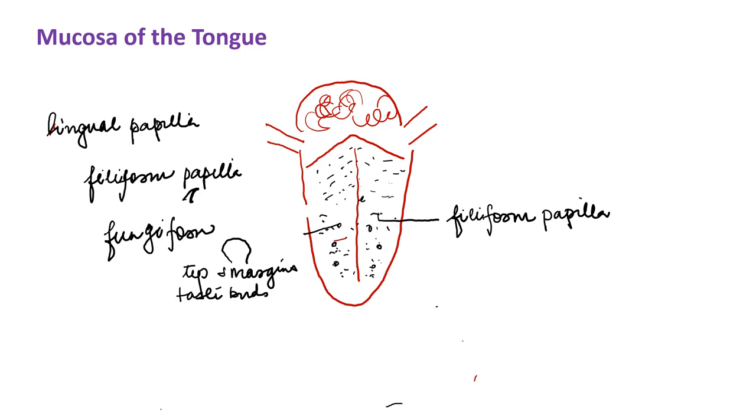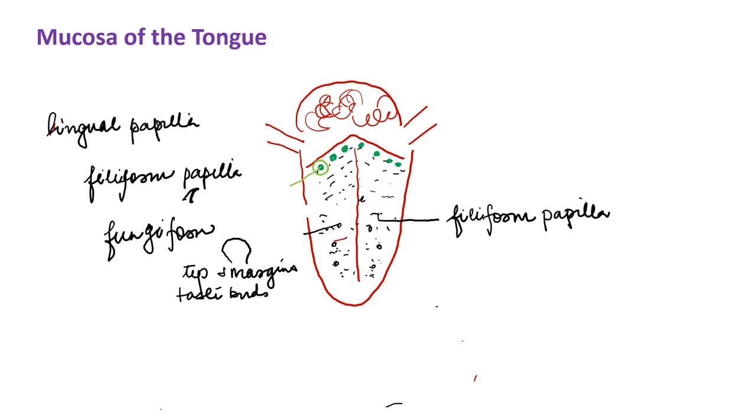Anterior to the sulcus terminalis are present, again, these pinhead-shaped structures which are surrounded by a trench or a moat. So you remember the old-time forts, they always had a moat around them. Similarly, there is this globe pin-shaped structure which is confined just anterior to the sulcus terminalis. These are large flat-topped structures, 7 to 12 in number, which are surrounded by this moat.